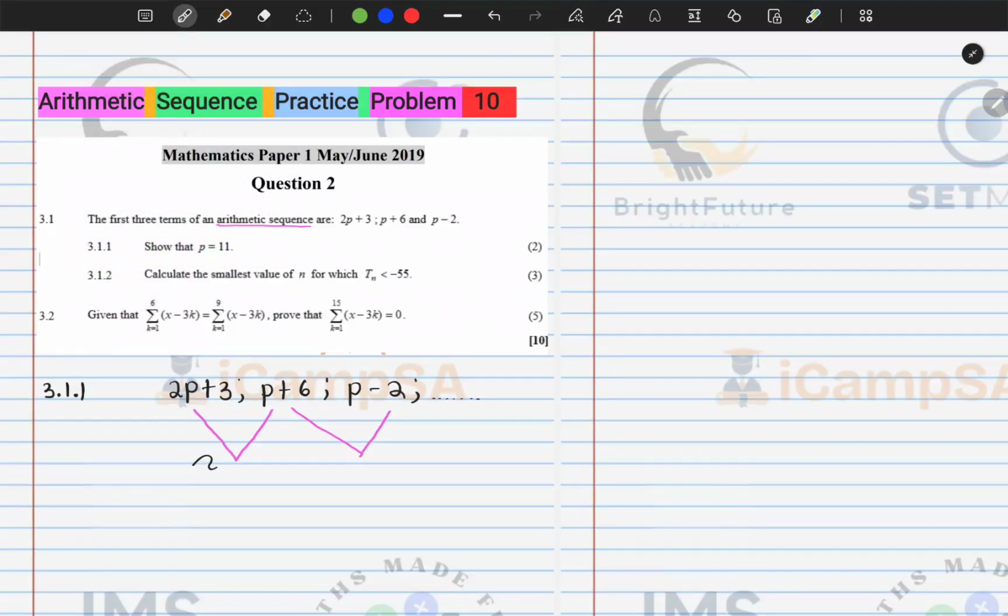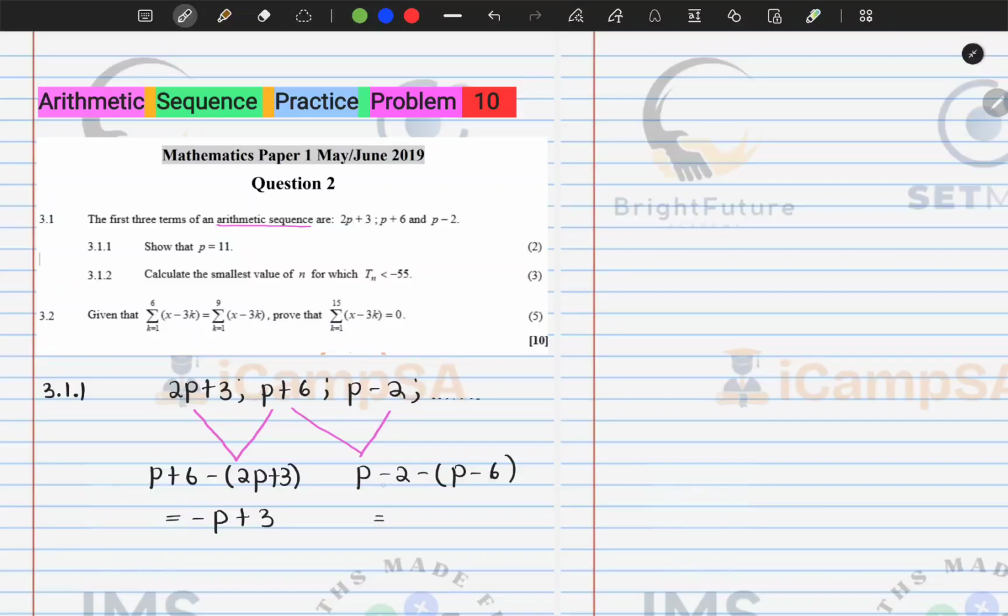So if you observe carefully, the difference here will just be p plus 6 minus 2p plus 3. And then on the other one, it will be p minus 2 minus p minus 6. If you subtract, you will end up getting negative p plus 3.